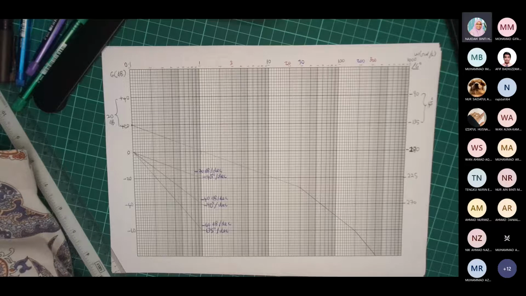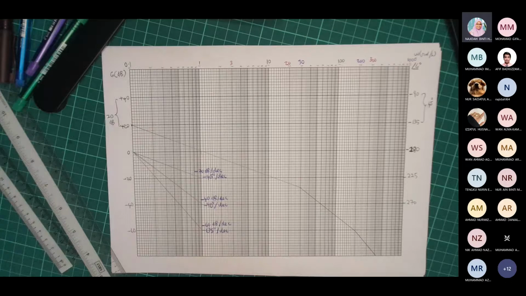How about other students? Have you plotted your magnitude plot? Have you finished plotting the magnitude plot? Okay, so for the first time, madam, you might take longer time compared to the second one. The last time that you plotted this, I assume, was during your diploma.